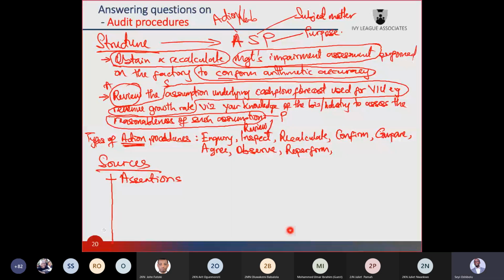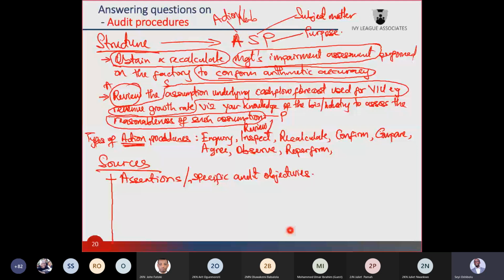So think of the assertions, or if you don't like the word assertions, then think of specific audit objectives related to that area. I need to move fast now.